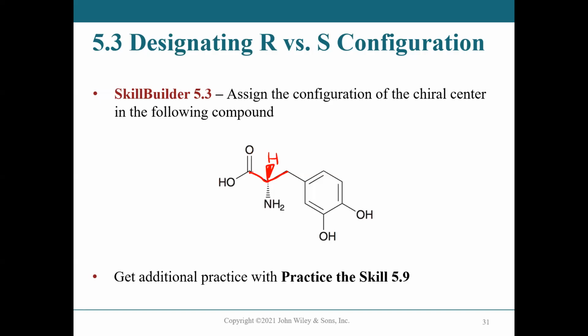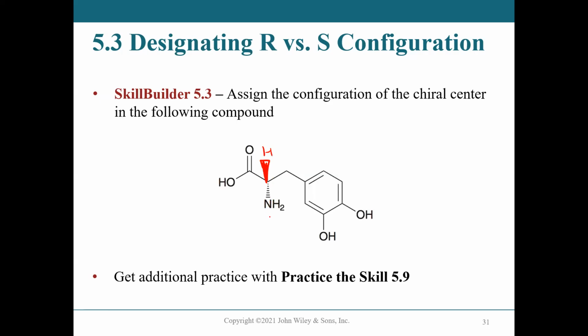So your largest priority is going to be this one, followed by this one, because nitrogen is bigger than carbon, followed by this one. Even though there's more stuff coming off and this is a higher molecular weight, we're looking at what's the next one down. So this would be nitrogen versus carbon. Actually, I think I have that wrong. Good thing I looked at it myself. You have a nitrogen.